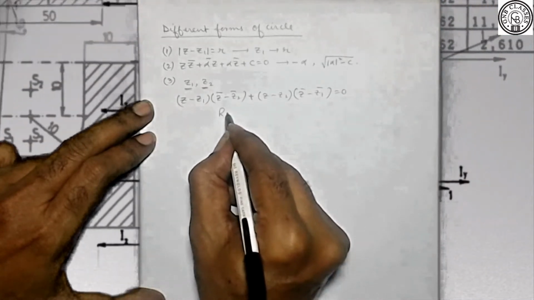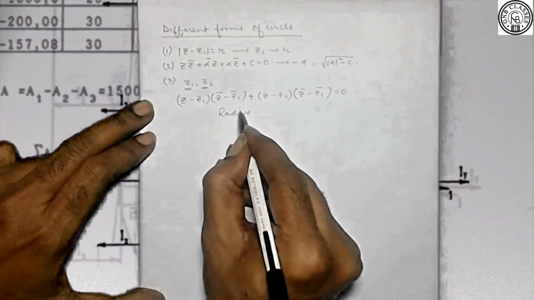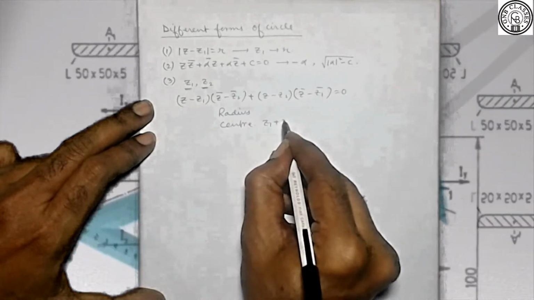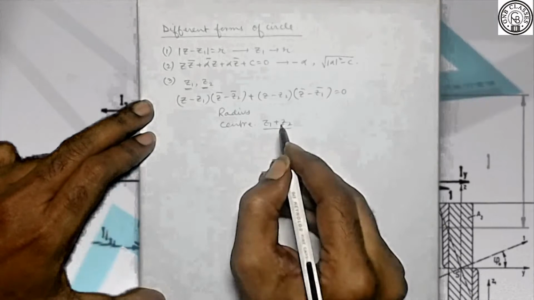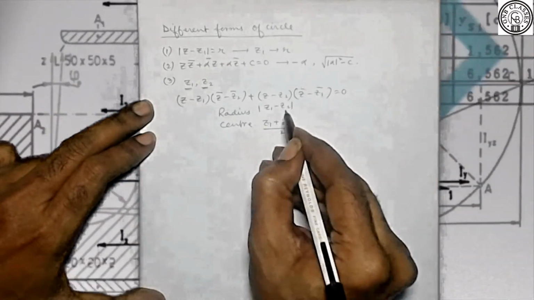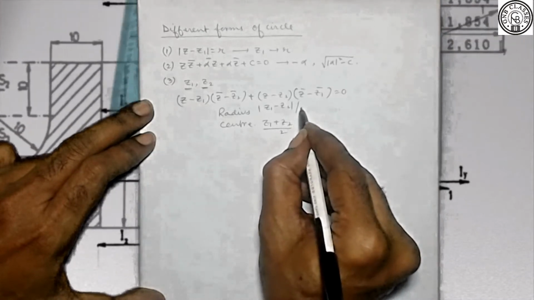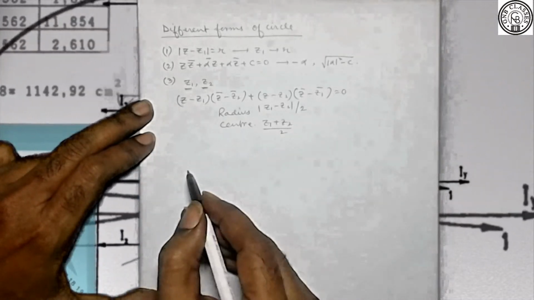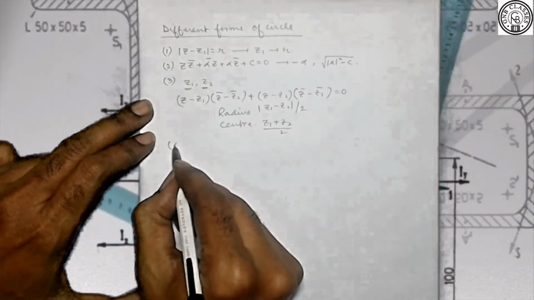The center will be z1 plus z2 by 2, and the radius will be the distance between z1 and z2, that is the diameter, divided by 2, which gives the radius of the circle. Okay?